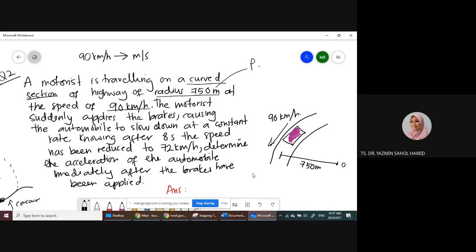To convert this, in any question on dynamics, you must always use the unit meter per second. So any question that gives 90 kilometer per hour, you have to convert to meter per second.